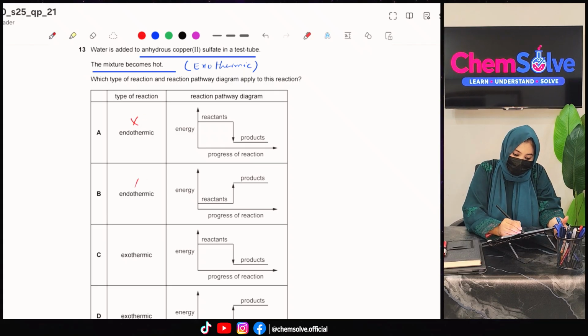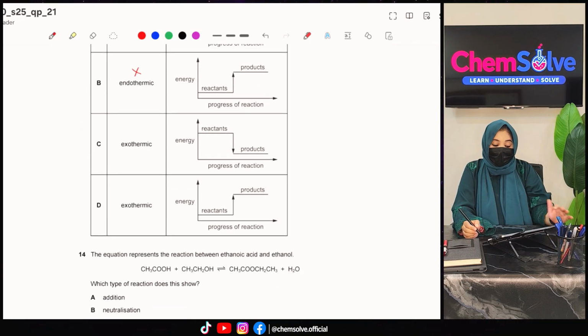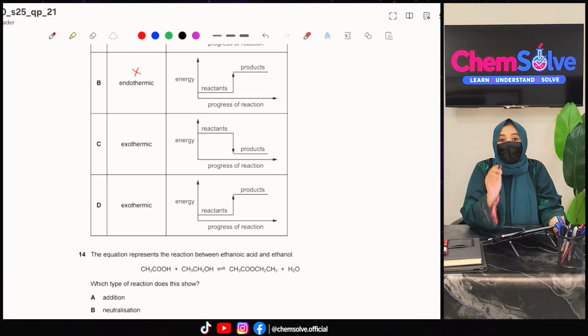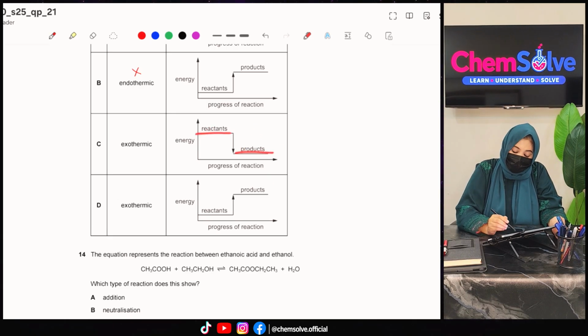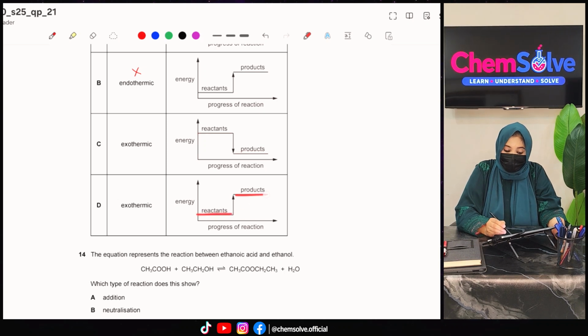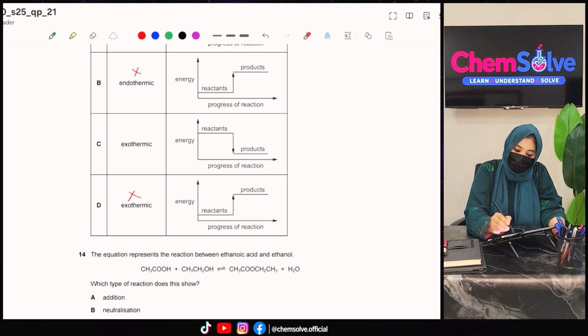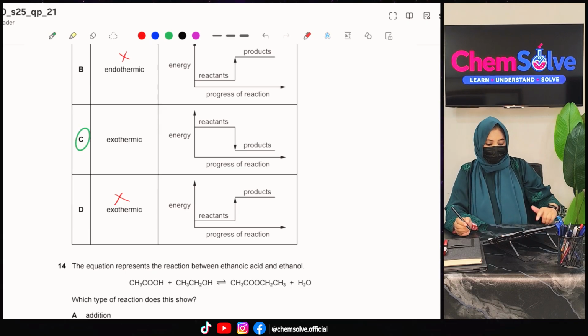Now we will not look at option A and B because they represent endothermic. Now I have to choose between C and D. For an exothermic reaction, heat is being released. That's why reactants are always above the products. So in option C, reactants are above, products are below, while in option D, reactants are below and the products are above. This is of course not correct. So I believe the correct option is option C. Okay.